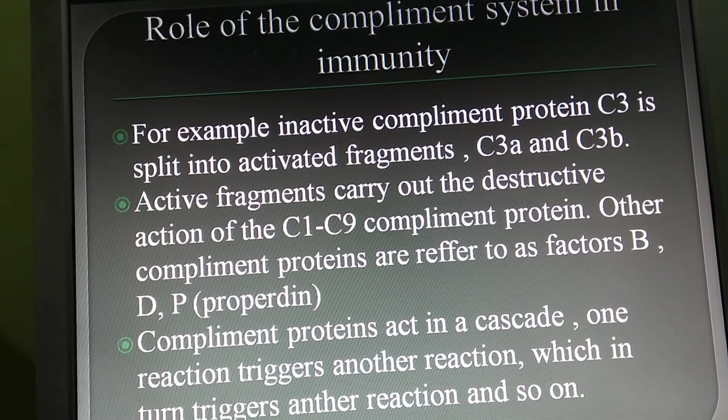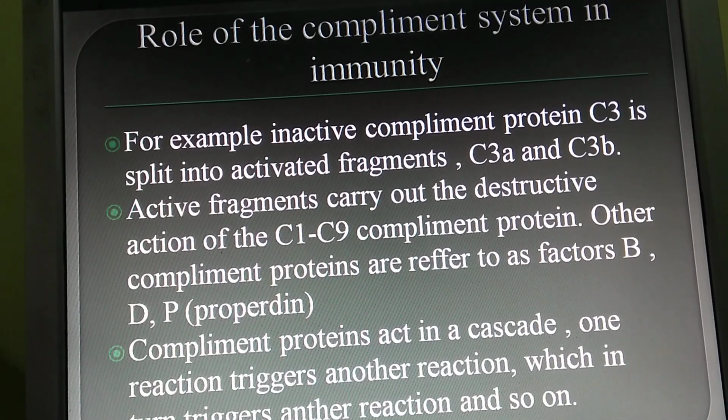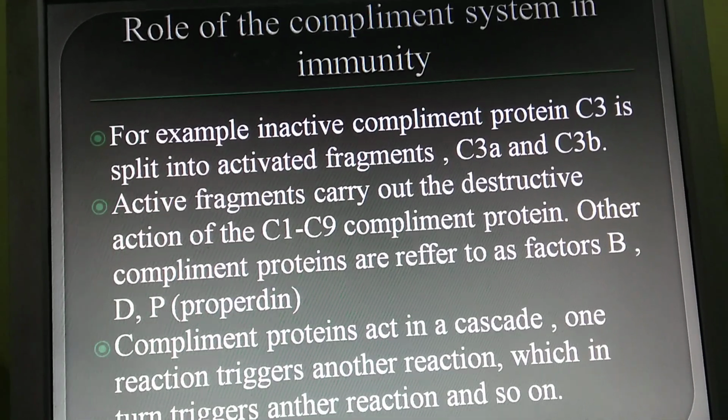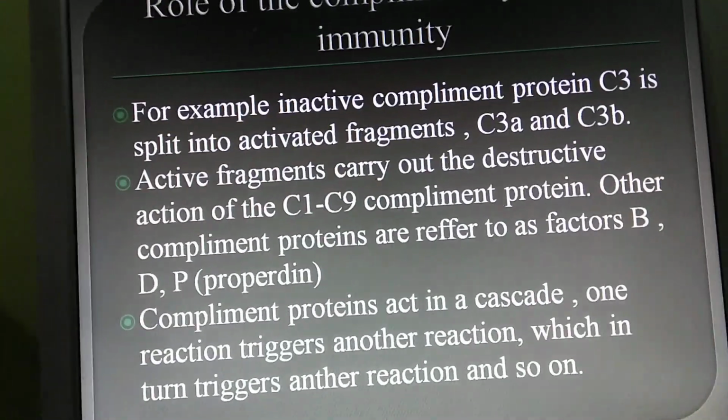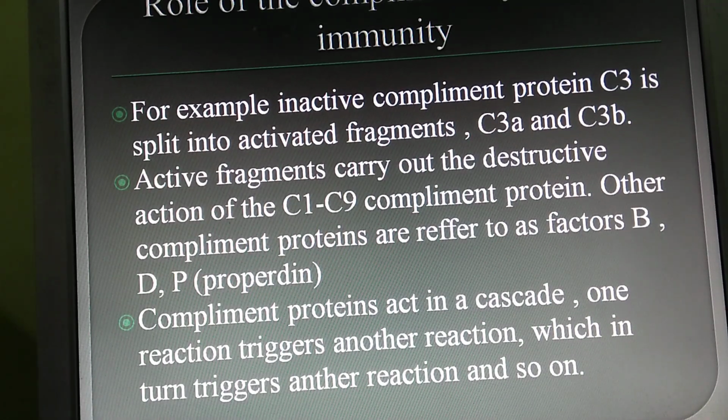For example, inactive complement protein C3 is split into activated fragments C3a and C3b. Active fragments carry out the destructive action of C1 to C9 complement proteins.